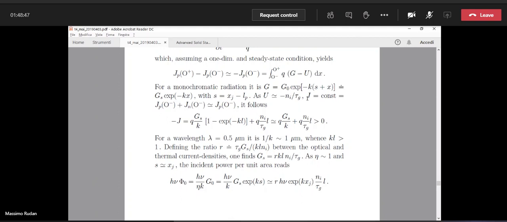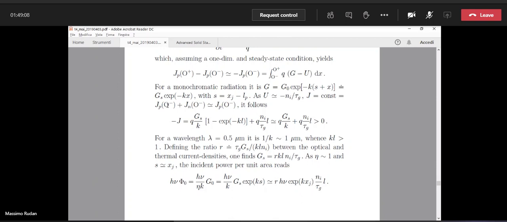Finally, you remember in steady state and one dimension, the total current is equal to the sum of the hole current and the electron current at the same position, for instance, O minus.